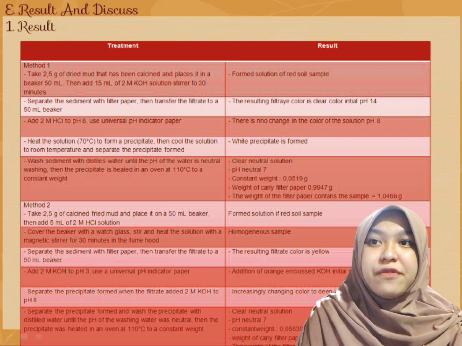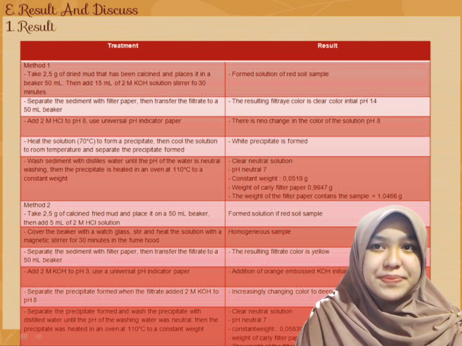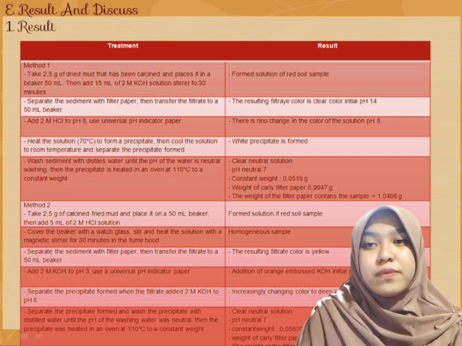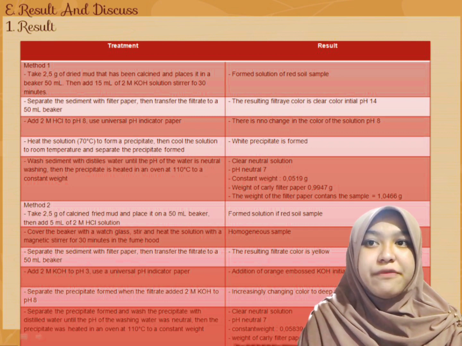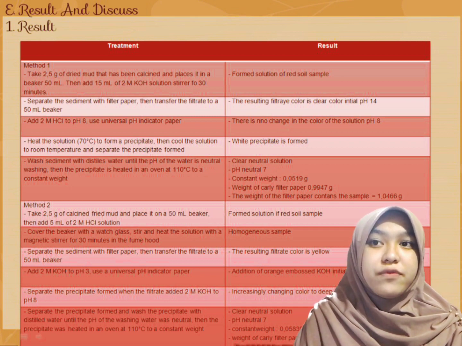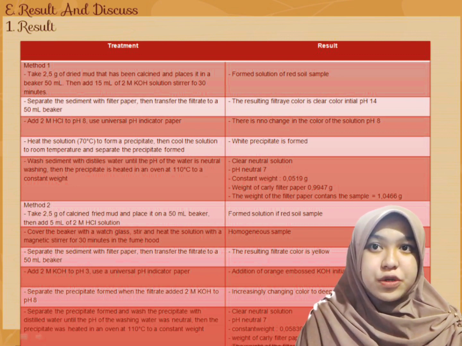Take 5 grams of calcined red mud and place it in a 50 milliliter beaker, and then add 5 milliliters of 2 molar HCl solution. Result: a solution of the red soil sample is formed.